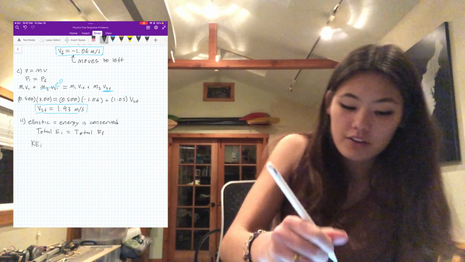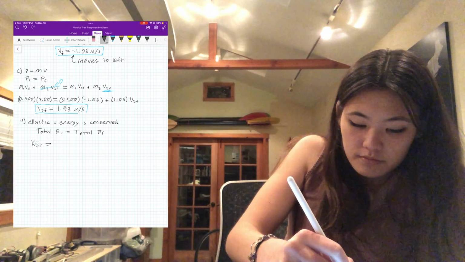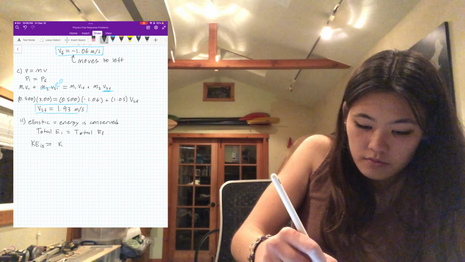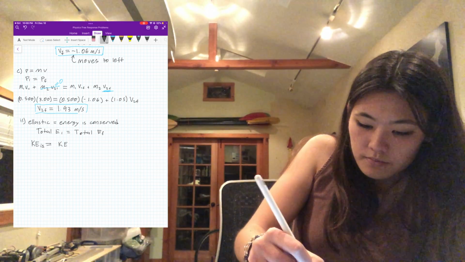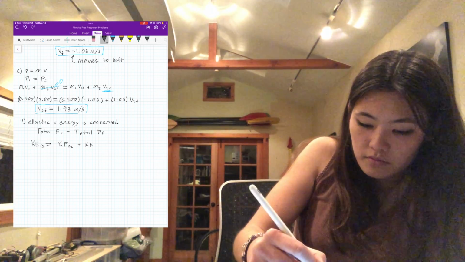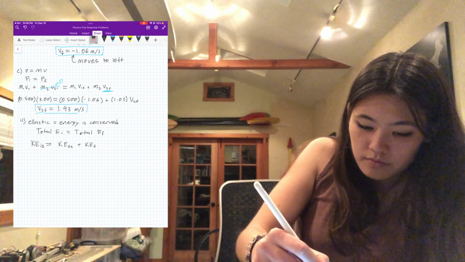We know that not only is cart 1 moving, but also cart 2. So then we have the total kinetic energy, meaning the kinetic energy of cart 1 plus the kinetic energy of cart 2. As I said before, kinetic energy can be given as the equation 1/2 mv squared.